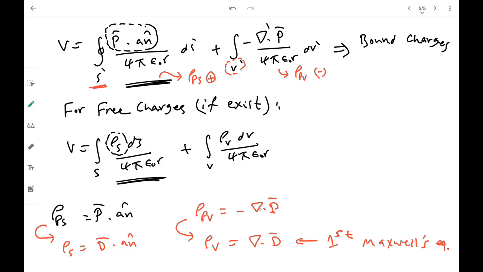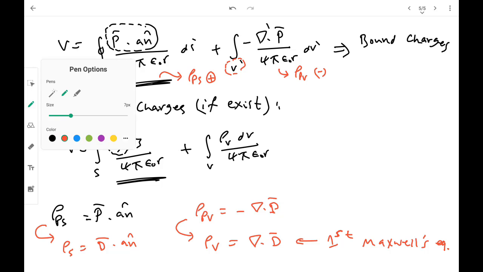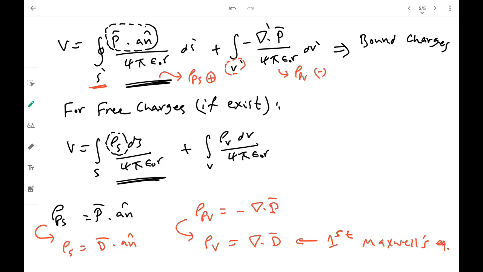So the bound charges will be calculated from the polarization vector, while the free charges will be calculated from the electric flux density vector. Now the negative sign here denotes that the charges remaining within the volume are only the negative charges.